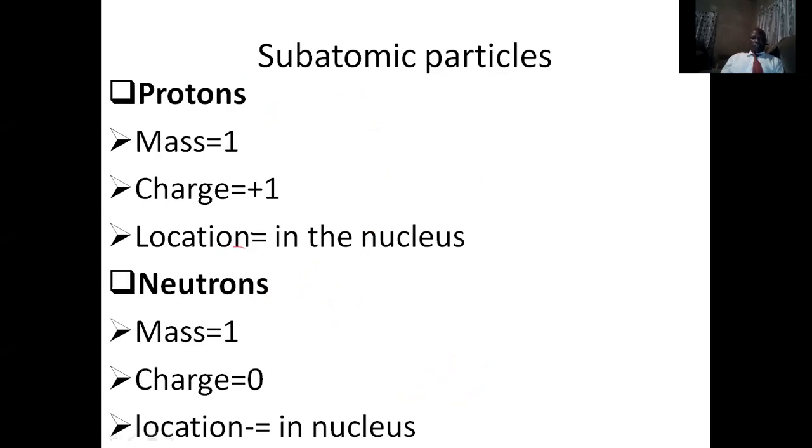As I stated earlier, we have these three subparticles. The proton has a mass of 1 and a charge of +1, and it's found in the nucleus. The neutrons have a mass of 1 and no charge, and they are also found in the nucleus.